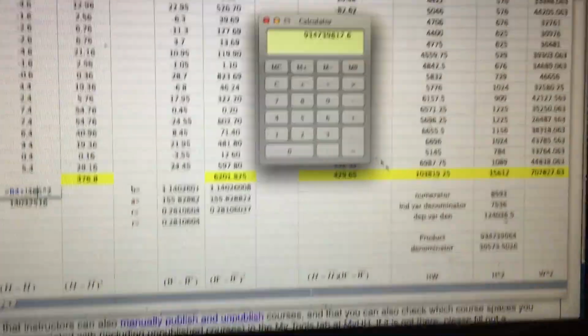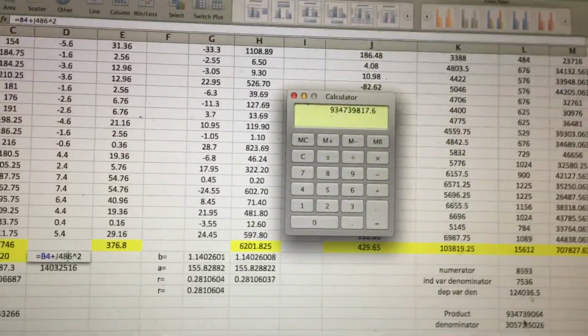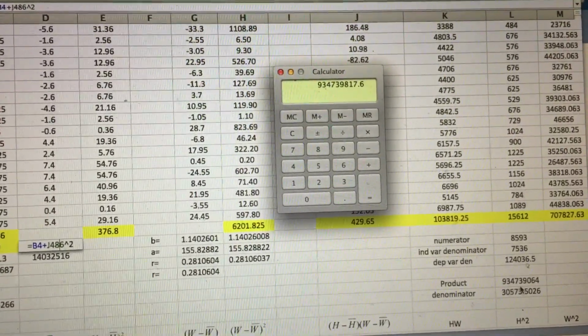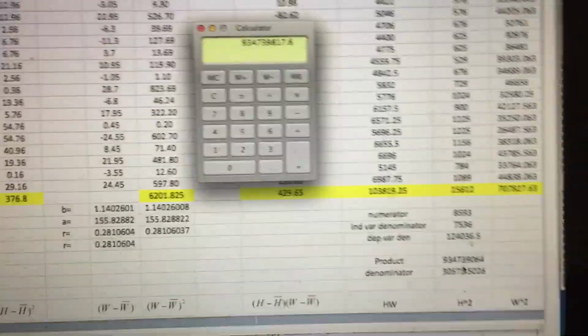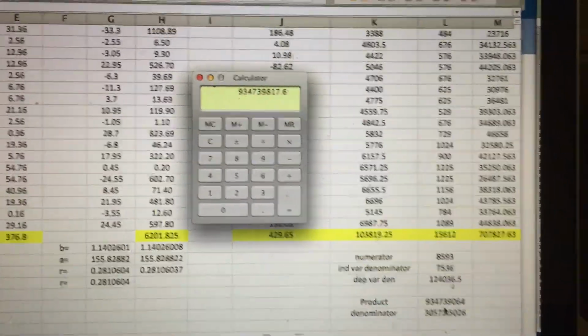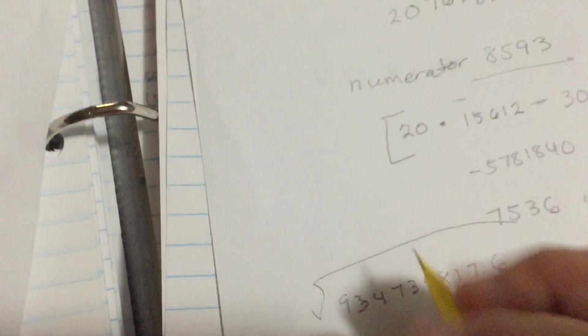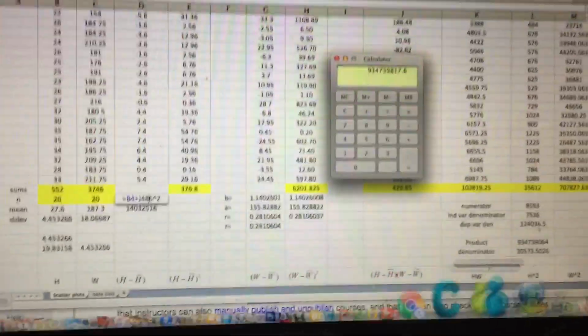And now we've got a product when we've times both of those together, right? 934739817.6. Okay, so we've got that, and then we have to really get the denominator, right? To get that denominator, we would have to get the square root of that number.